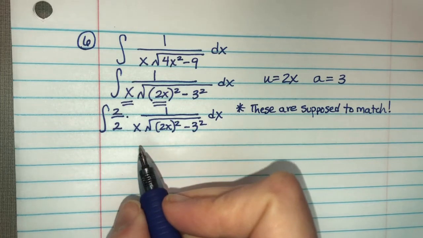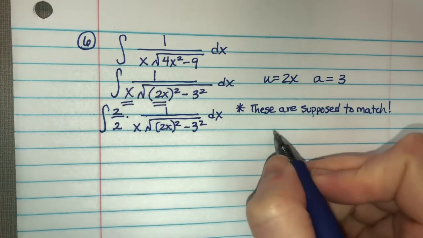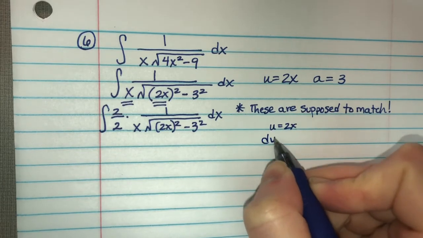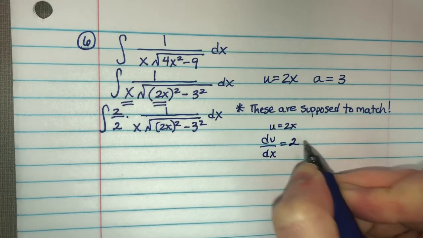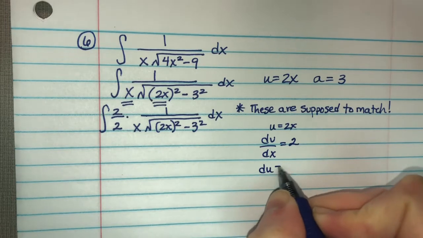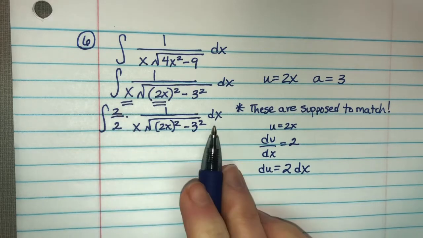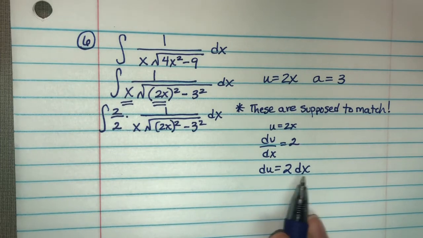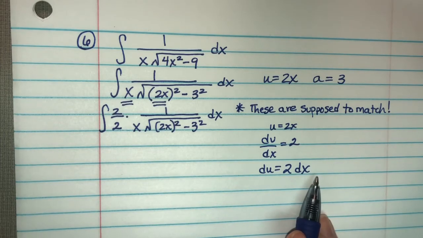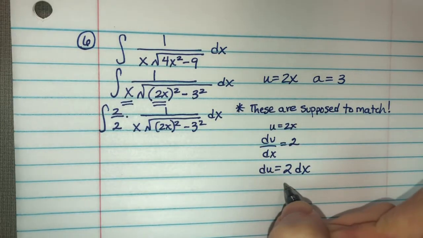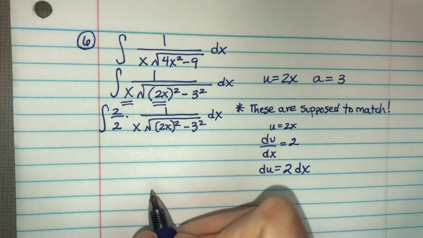So let's see. If our u is equal to 2x, then our du dx is equal to 2. And I can multiply by dx on both sides. And oh, wait a minute, a 2 dx, multiplying by that 2 over 2 actually gave me the 2 that I was going to come up with right here anyway. So I really don't even need to pull it out, because I can take that 2 with the dx and just replace it with a du.